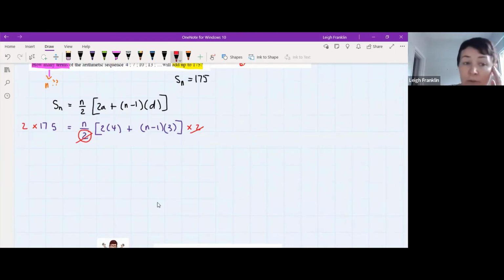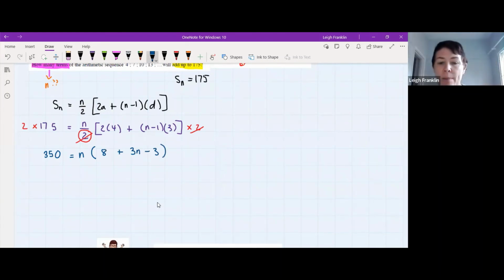That leaves us with 350 on the left. So we've got 350 on the left equals n, open brackets, 2 times 4 is 8, plus 3 times n is 3n, 3 times minus 1 is minus 3. Now I'm going to remove my brackets and collect all my terms on one side.